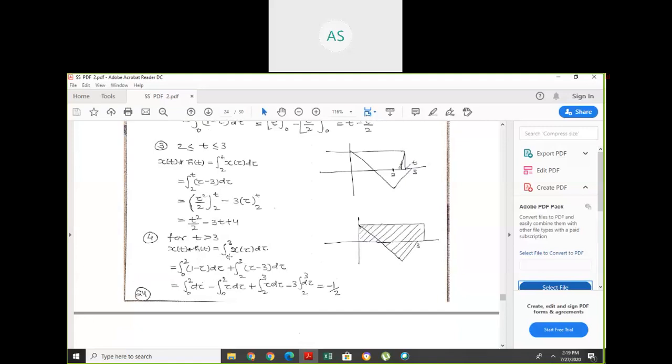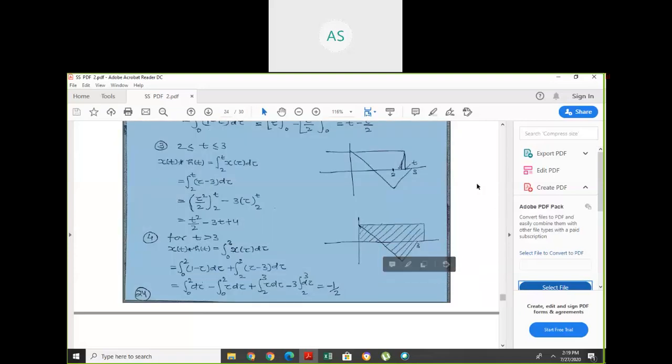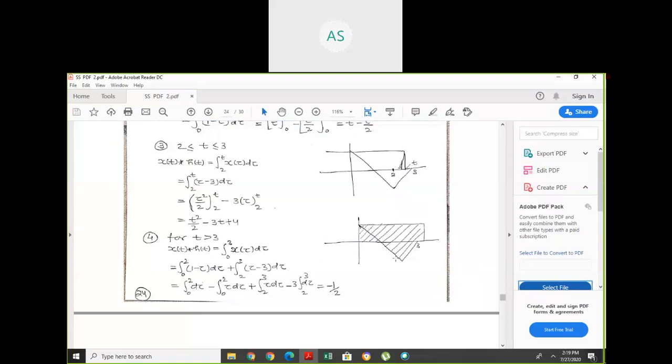Then we integrate these terms: the equation of x of tau is 1 minus tau d tau, and the limit is 0 to 2, and in this region the equation is tau minus t, with the higher limit t and the lower limit t.